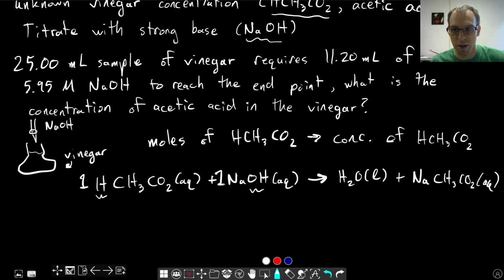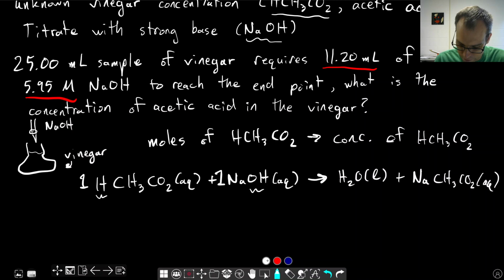So if we can figure out the moles of sodium hydroxide, that will be equal to the moles of acetic acid in the solution. So how do we get the moles of sodium hydroxide? Well, we have a couple of pieces of information here. We know how much sodium hydroxide we added: 11.20 milliliters in terms of the volume, and we know that the concentration of the sodium hydroxide is 5.95 molar.